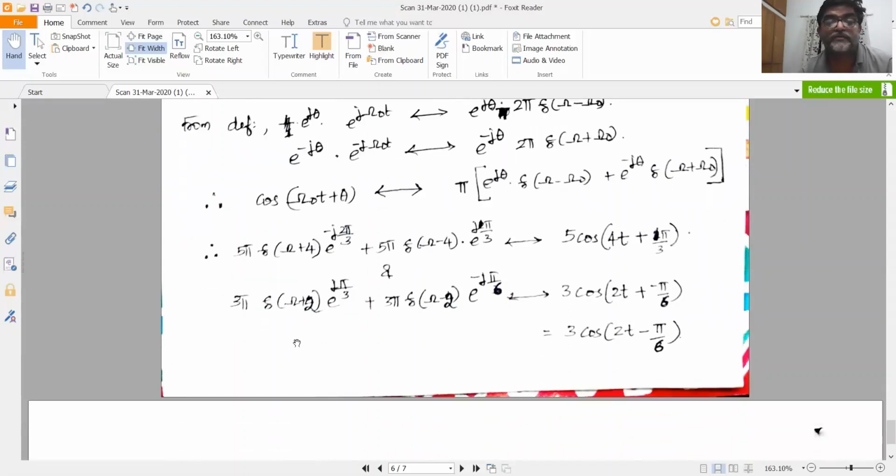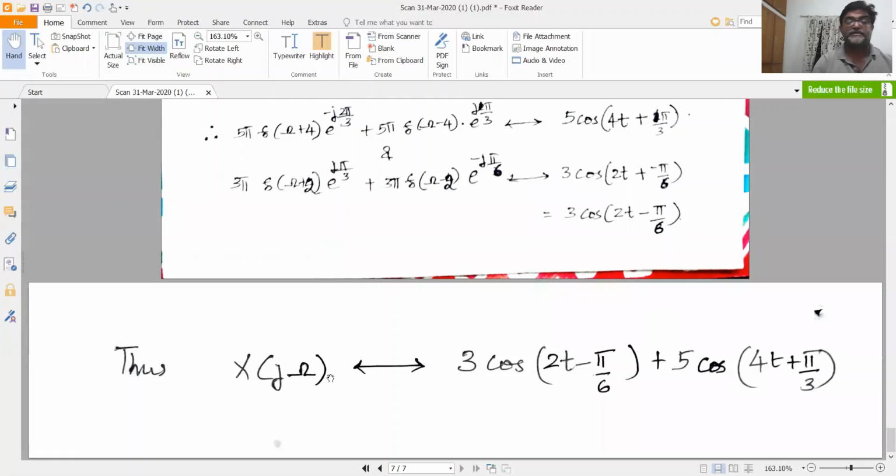And the next part would be 3 pi delta omega plus 2 pi by 6, plus 3 pi delta omega minus 2 e raised to minus j pi by 6. This has an inverse Fourier transform given by 3 cos 2t plus minus pi by 6, which is equal to 3 cos 2t minus pi by 6. So in other words, x of t is equal to 3 cos 2t minus pi by 6 plus 5 cos 4t plus pi by 3.